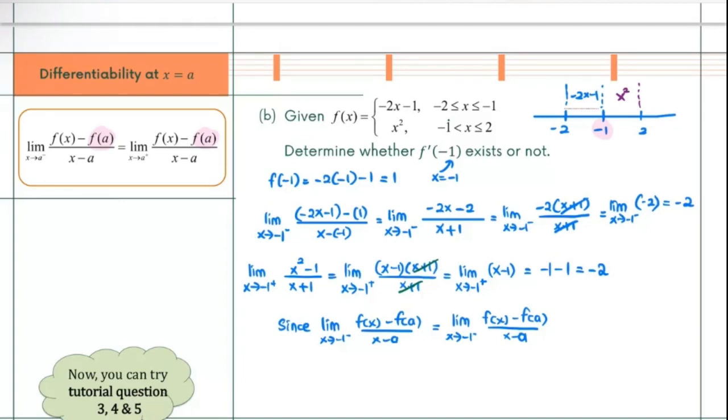So therefore, f prime of negative 1 exist. Okay, so this will be our conclusion.